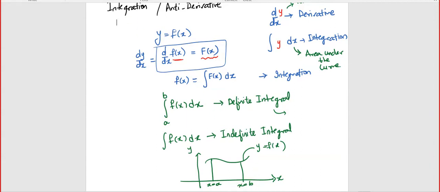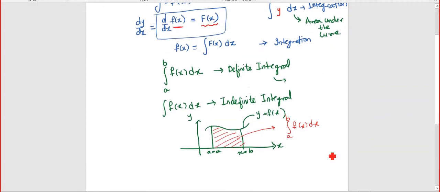Then the area covered by this curve within these limits of x is given by the definite integral of the function from a to b. This is the application of the definite integral.